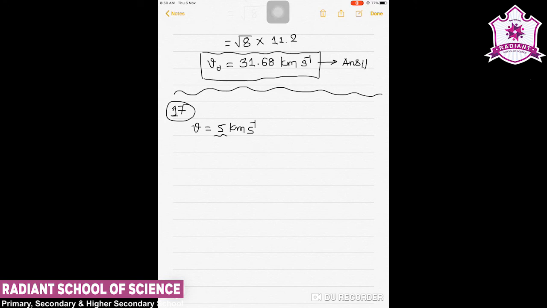That means we are asked to find the distance h, the maximum distance it will travel with this speed before returning to the earth.